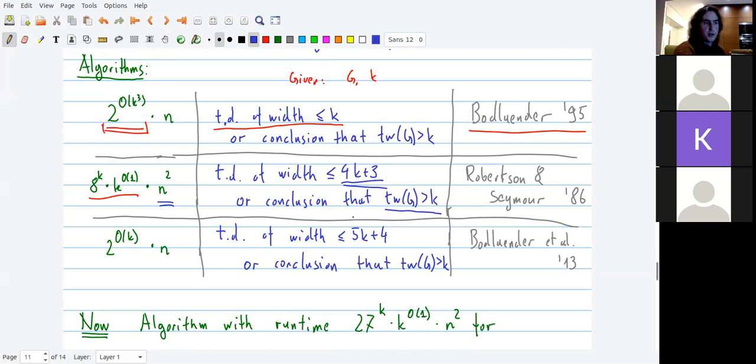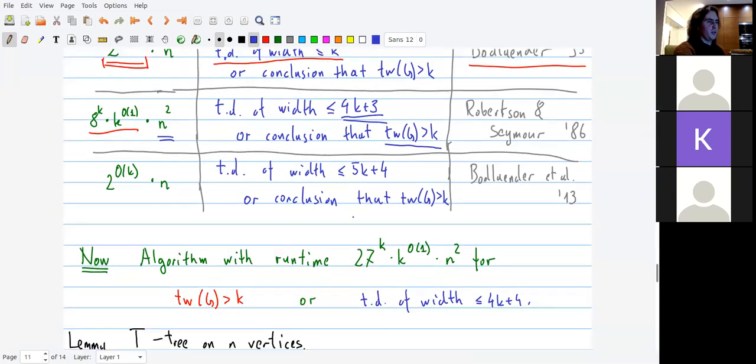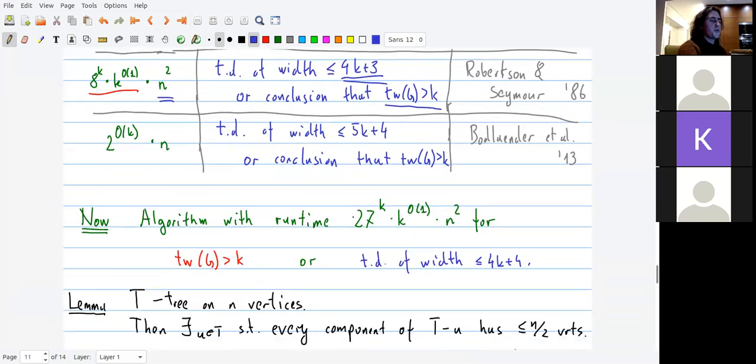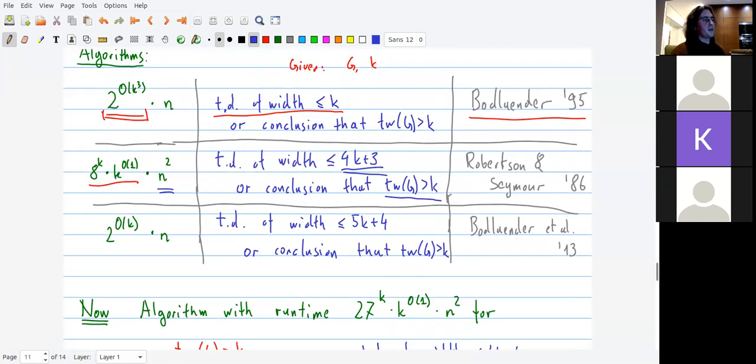Either the treewidth is too large for the parameter that you gave me, or here is a tree decomposition that might be slightly too broad with respect to what you wanted, but still it is pretty okay. Observe that in those two algorithms there is a caveat: this one has a bad dependence on k, and this one has a bad dependence on n.